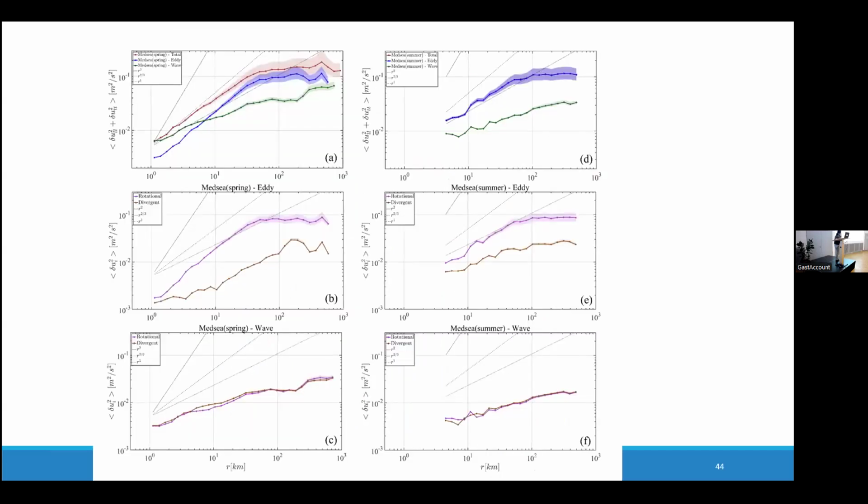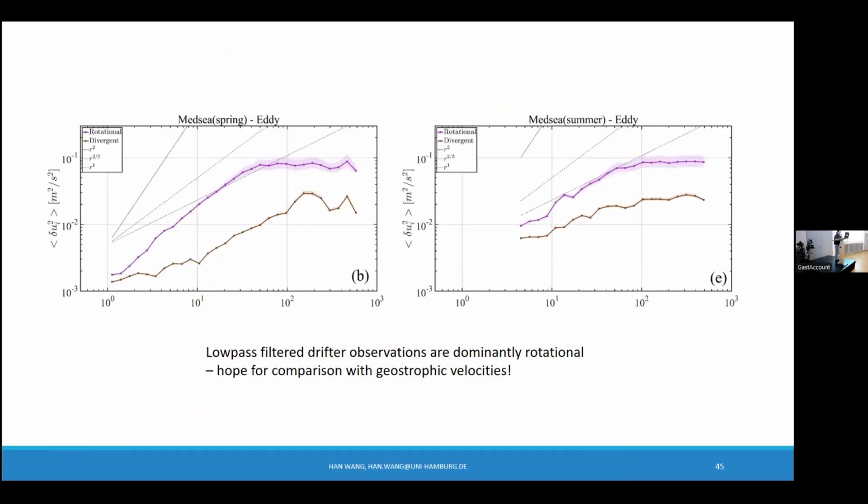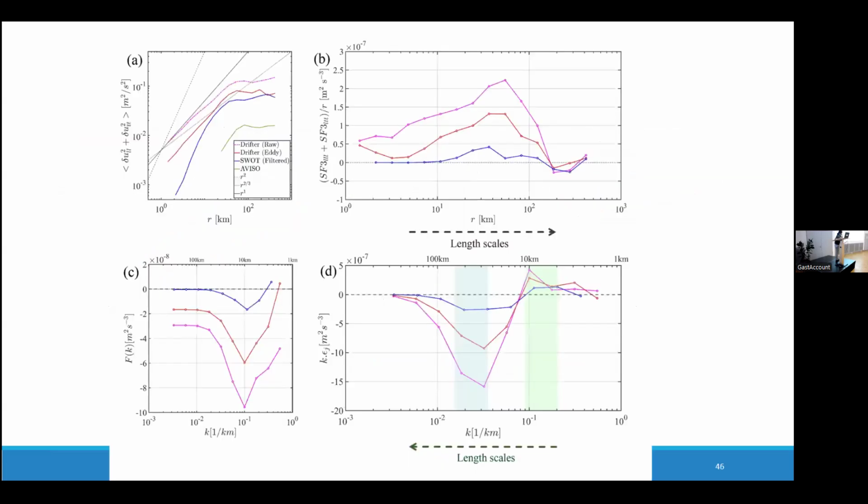These are the structure functions from the drifters. This is just repeating what we did with the Gulf of Mexico. We had some similar conclusions, except that we also find that for the low-pass component, in this area, the rotational component absolutely dominates over the divergent component in the low-pass motions. So this gives us some confidence for going ahead and comparing with the geostrophic velocities from SWOT.